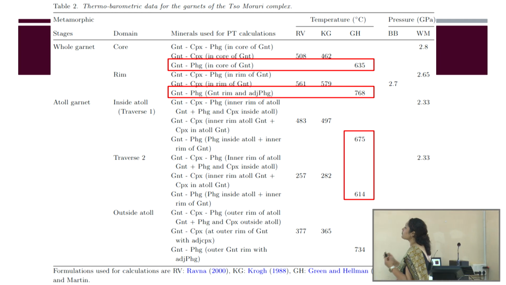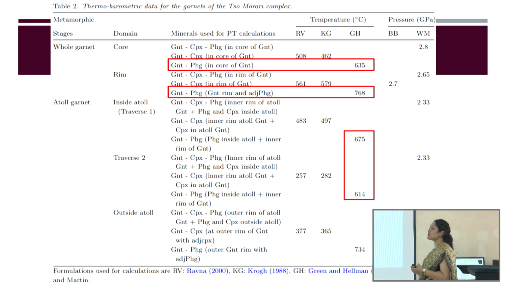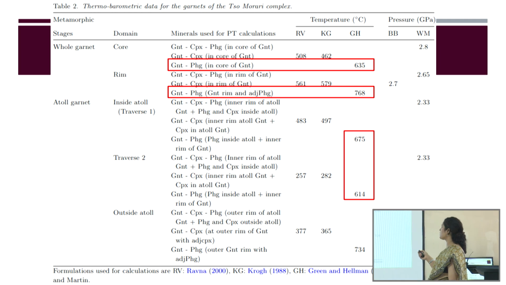The one that really fit the best was the garnet phengite, because they seem to be in perfect equilibrium. So we get a temperature of 635 degrees. I have not worked out the pressure here because you need other minerals which are stable to calculate pressure. So pressure was calculated based on garnet, CPX and phengite at 2.8 GPa.